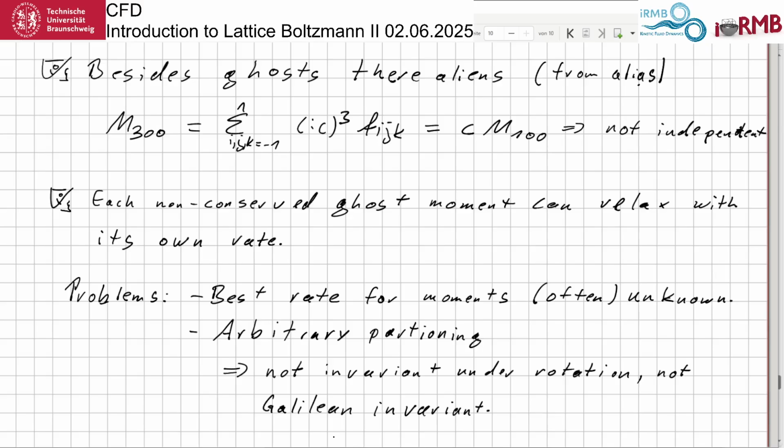And actually, this is exactly the thing. Galilean invariance means, or it's almost the thing because there's a small mistake in this, that physical laws should be independent from the inertial system they are stated in.